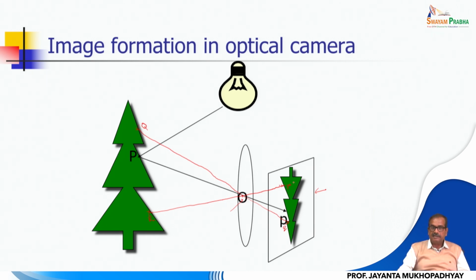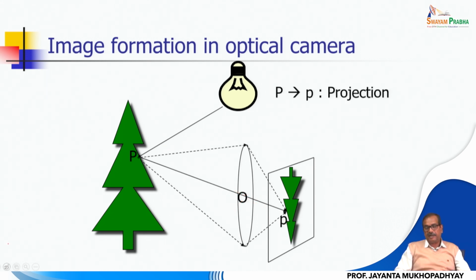But what is the function of the lens in this case? Let us try to understand that. This is a convex lens. Whatever energy it receives from the point P, it converges.